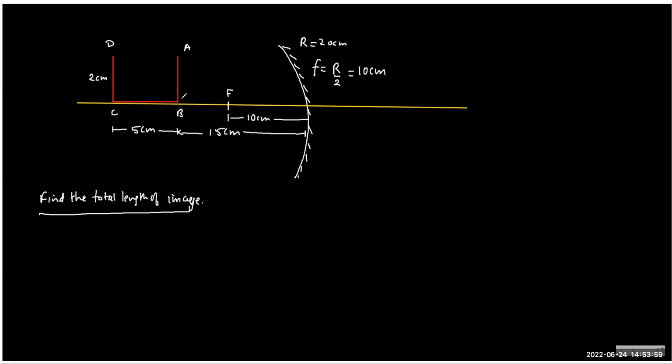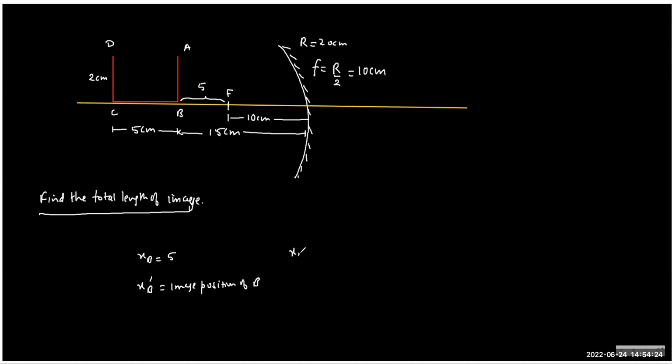Then you can see B is how far? 5. Okay, so for B, we know XB is 5. So what will be the image of XB? Let's call XB dash the image position of B. So we can use which formula?